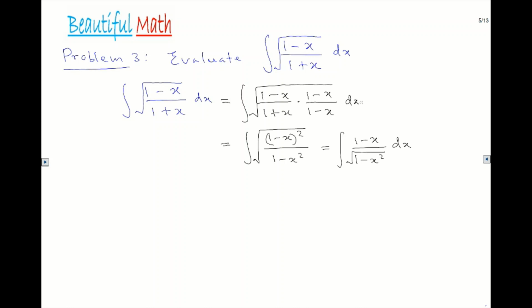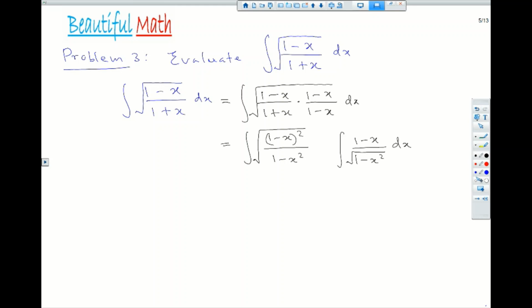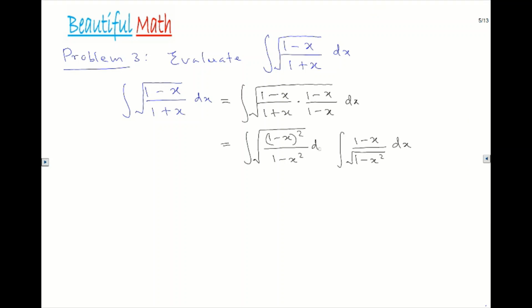So let's put the dx here again. Okay, so now we can split the integral into two fractions. We can have 1 over the square root of 1 minus x squared dx. That's the first one. And the second one is minus x over the square root of 1 minus x squared dx.